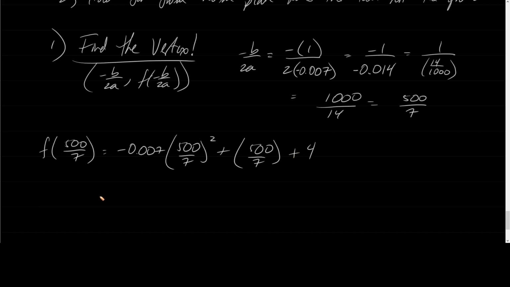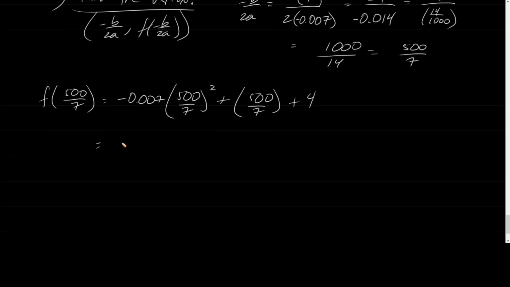Now, in general, decimals are awful. Don't work with decimals. So let's rewrite this as negative 7 over 1,000. So that's negative 7 over 1,000 times 500 over 7 squared. Well, 7 squared is just 49. 500 squared, well, 5 squared is 25, and then double the amount of zeros. So 1, 2, 3, 4. So 250,000. Plus 500 over 7. And then that plus 4.